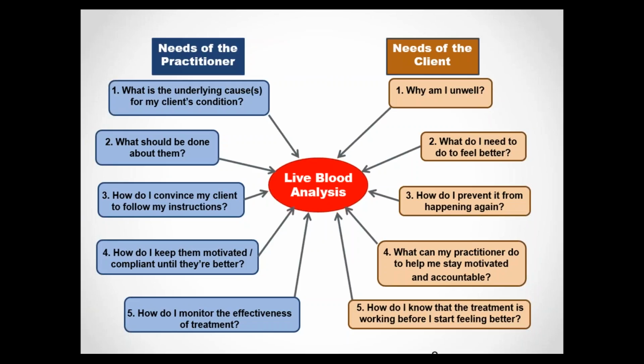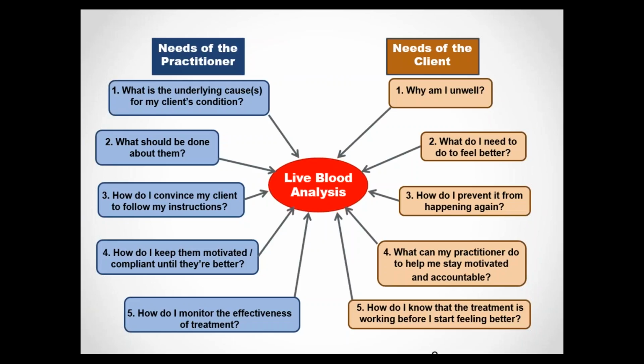By addressing these imbalances at an early stage, they can still be corrected fairly easily by simple dietary and lifestyle changes, and we can actually prevent these conditions then from developing any further. So this makes live blood analysis a very useful and powerful tool in prevention. So it's really valuable for people who want to be more proactive about their health.